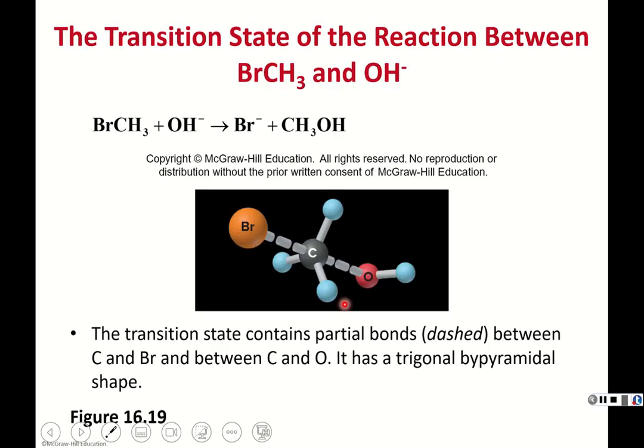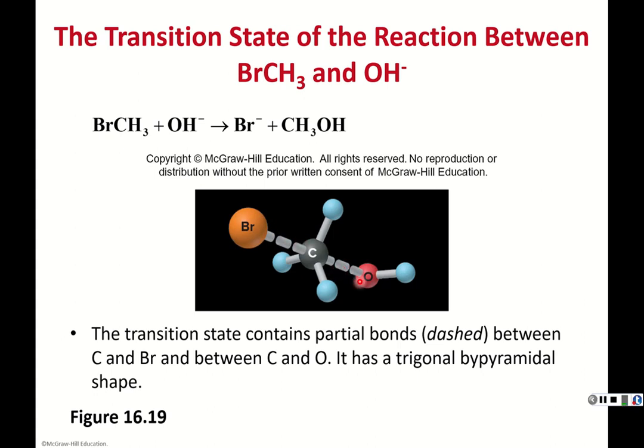So the example here gives bromomethane, CH3Br, plus OH minus goes to Br minus plus CH3OH. So that transition state here, we'd have a bromine that's kind of connected to this methyl group that started on the bromine, and then it's also connected to the OH minus, and we show that via these dash lines.